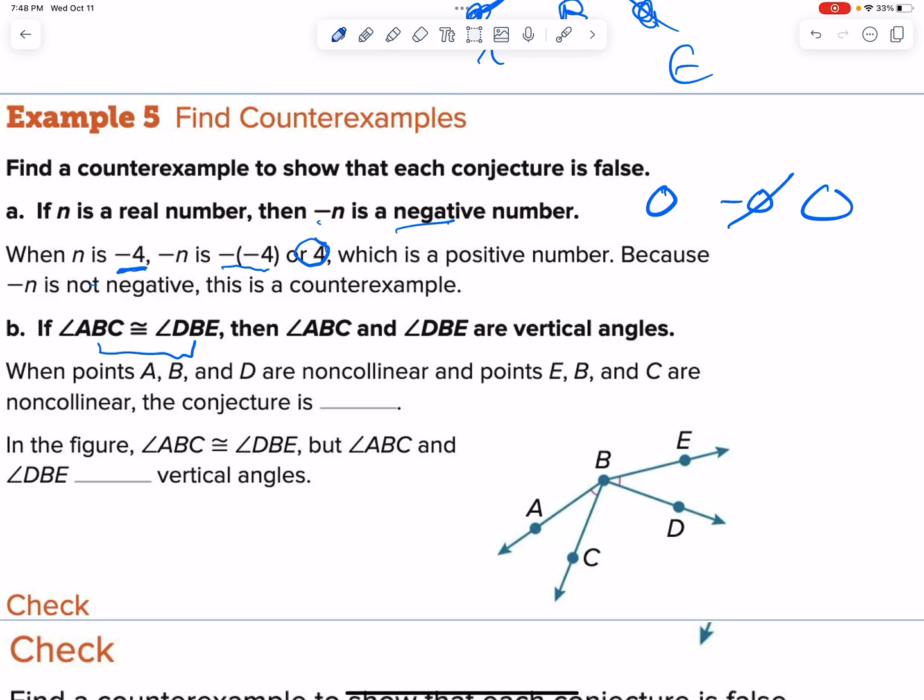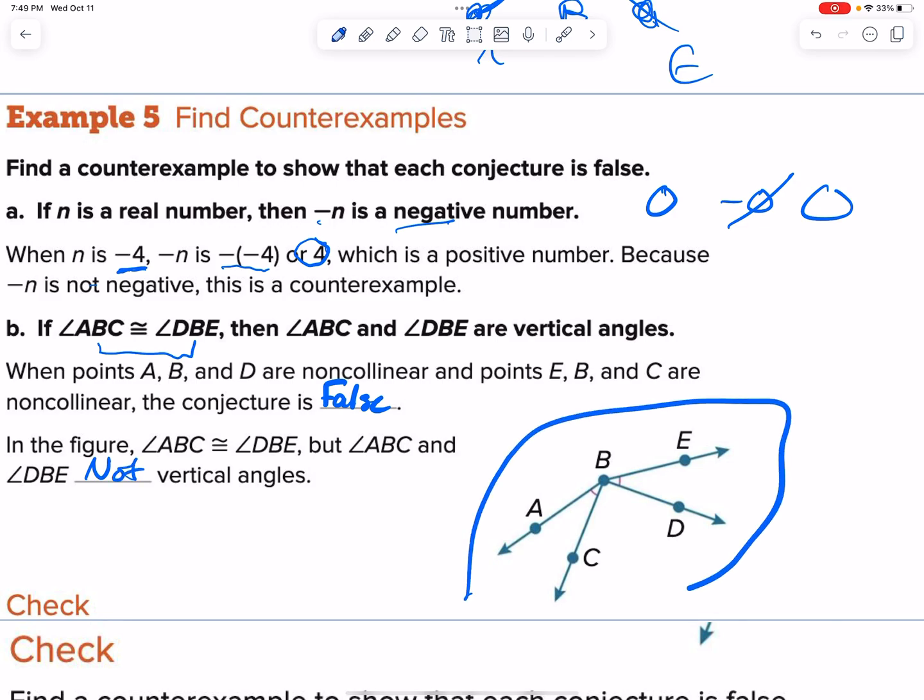So again, when points A, B, and D are non-collinear and points E, B, and C are non-collinear, the conjecture is false. In the figure, angle ABC is congruent to angle DBE, and angle ABC and angle DBE are not vertical angles. That's our counterexample. Again, counterexamples can absolutely be an illustration. You don't have to have some long-winded thing.